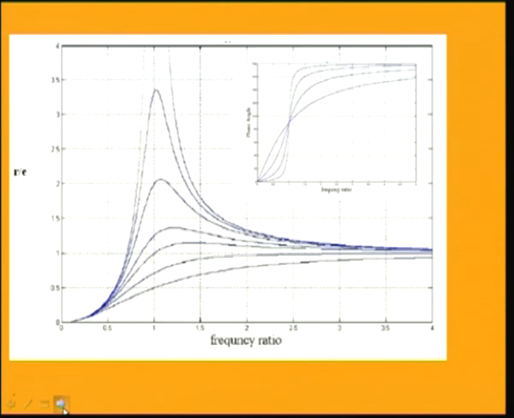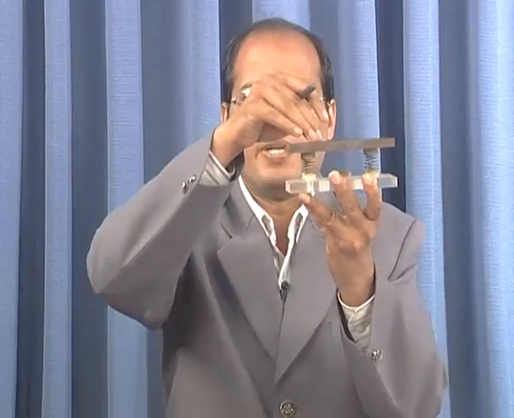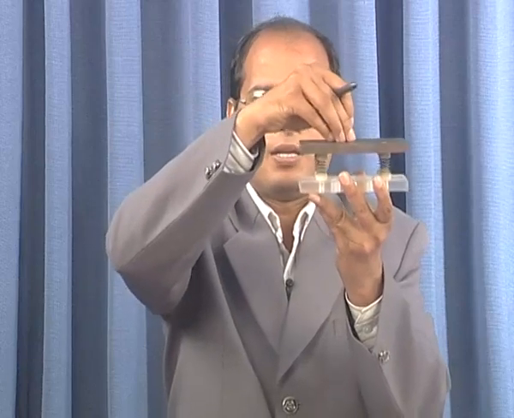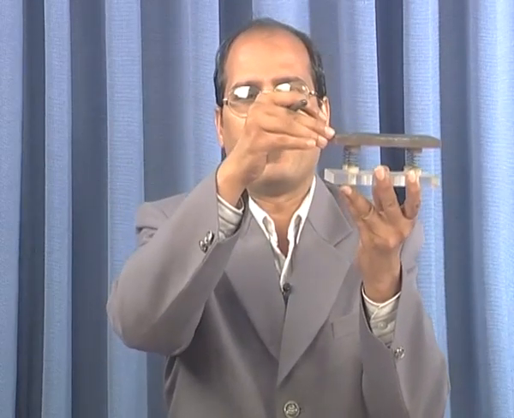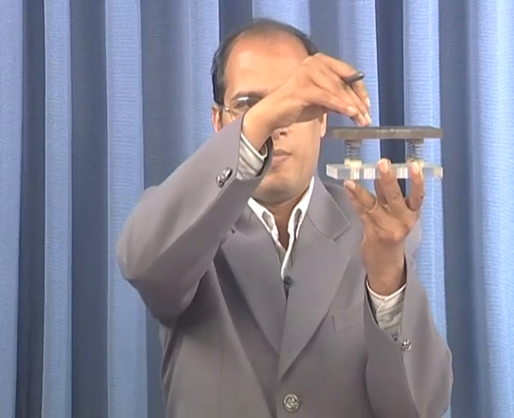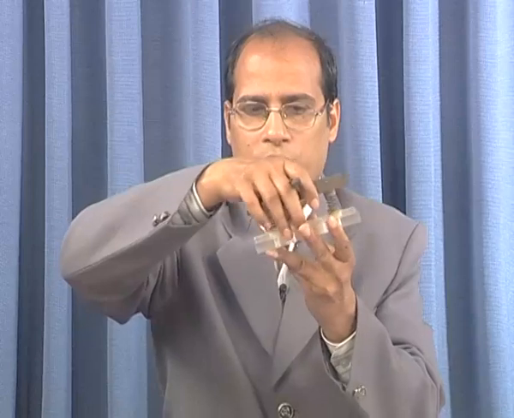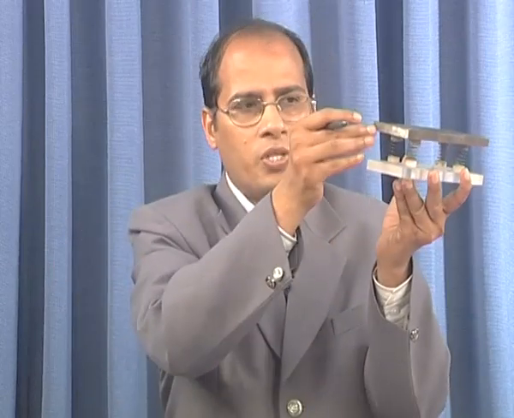In case of support motion, we have seen the vibration from the support is transmitted to this mass, and we have found the relation between the amplitude of vibration of this mass and the amplitude of the support. Also, we have found the amount of force transmitted to the support.